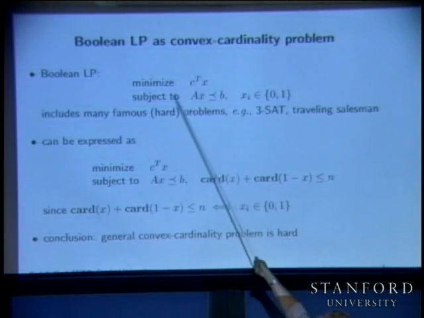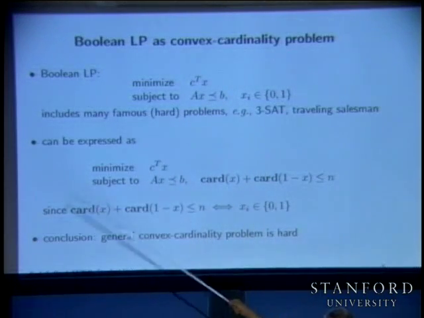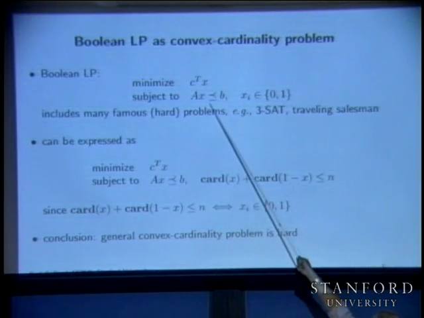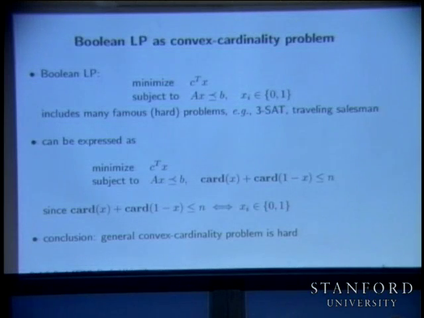Essentially any combinatorial problem can be embedded as a Boolean LP, and with a reasonable embedding, I mean, not one that grows in size or anything like that. So you take your favorite 3-SAT or traveling salesman problem, and I'll easily write it out this way. If you want to see how to do it, it's actually pretty straightforward.